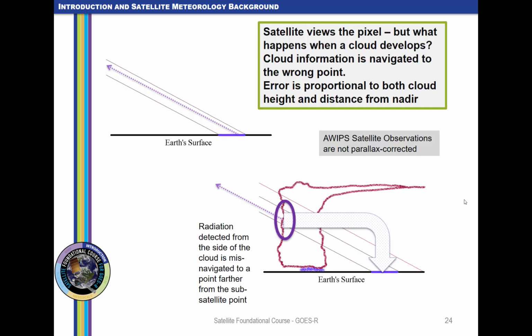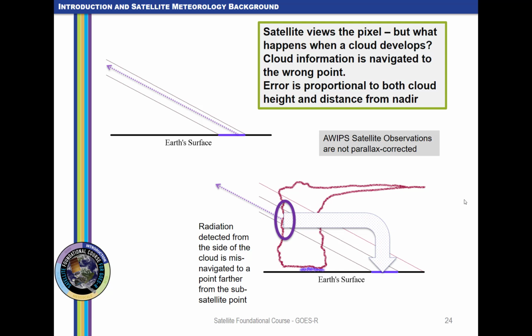In clear conditions, satellite observations come from the surface pixel, and that information is navigated to that point. All satellite navigation assumes clear skies. If a sensor is pointing in a particular direction, the navigation places that information at the surface.